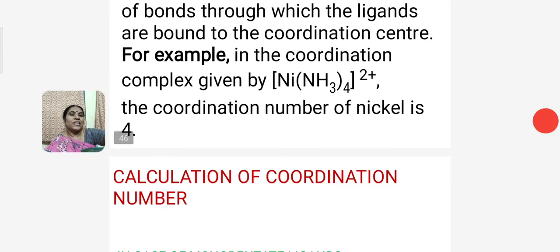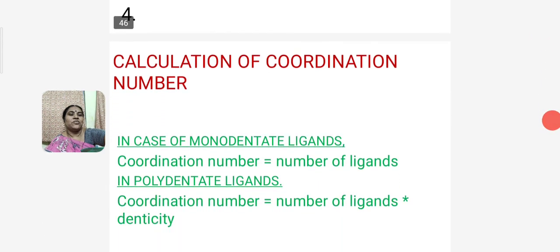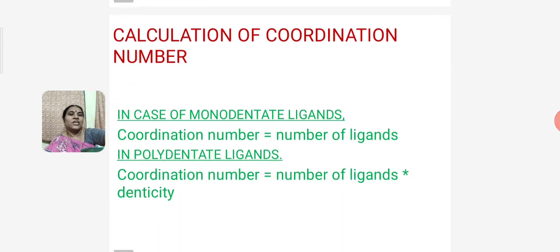How to calculate the coordination number of a metal ion in a complex? In case of monodentate ligands, the coordination number is equal to the number of ligands present in the complex. In case of polydentate ligands, the coordination number is equal to the number of ligands multiplied by its denticity.